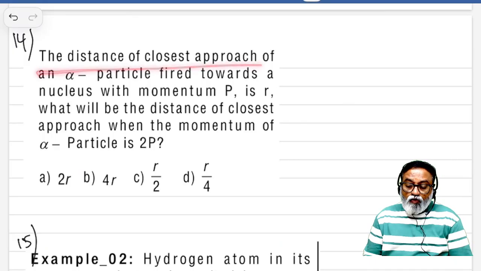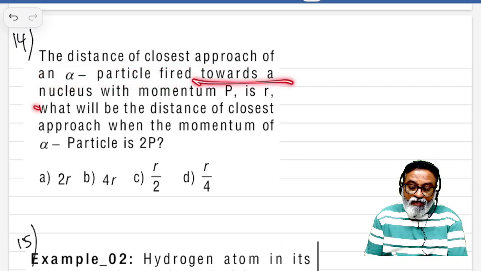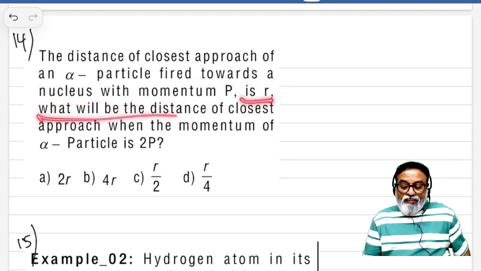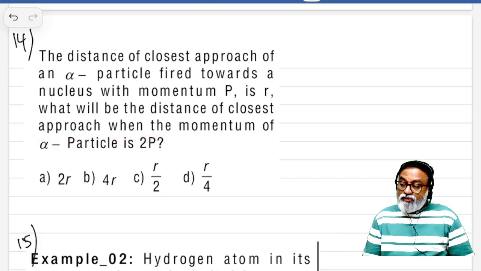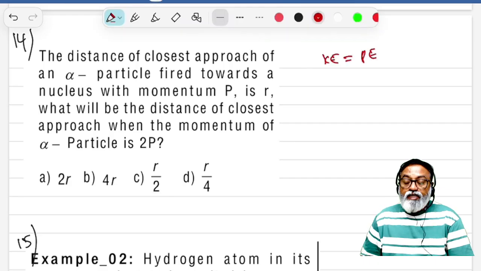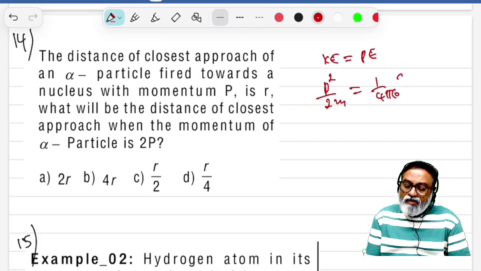Next one. The distance of closest approach of an alpha particle fired towards a nucleus with momentum p is r. What will be the distance of closest approach when the momentum of the particle is 2p? See, at the closest approach, kinetic energy is equal to potential energy. Kinetic energy means p square by 2m. Potential energy is 1 by 4 pi epsilon q1 q2 by r.